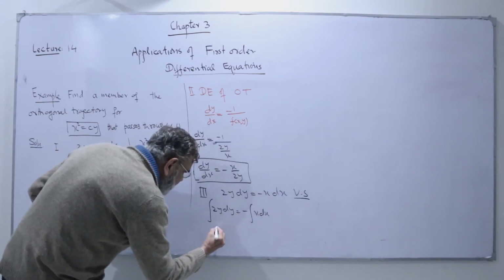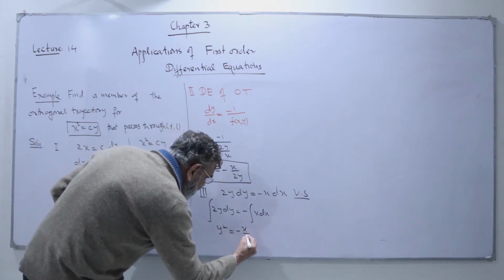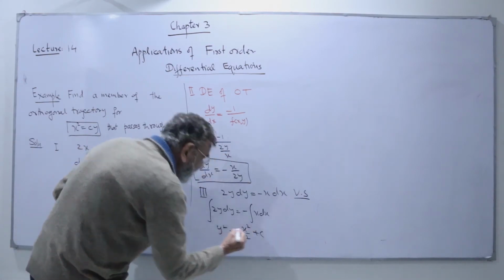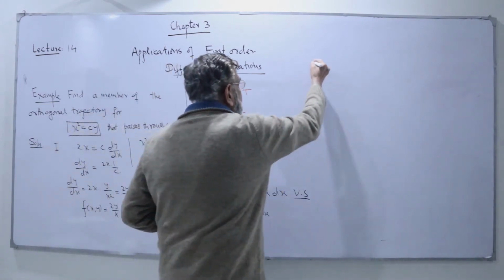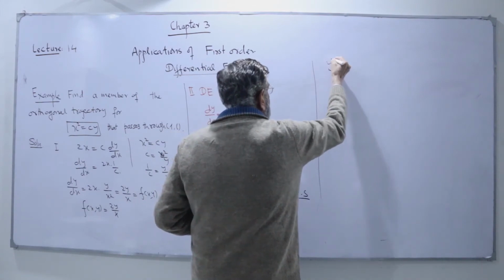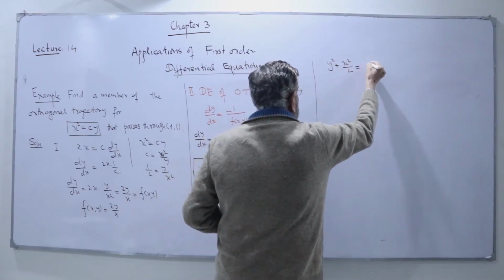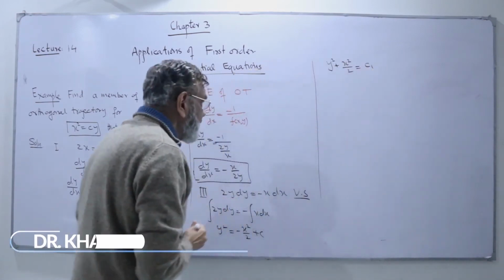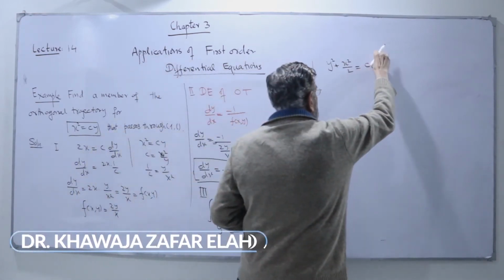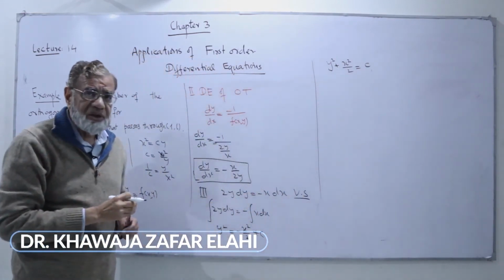So we get y squared is equal to minus x squared by 2 plus a constant. We can write my equation of the orthogonal trajectory as y squared plus x squared by 2 is equal to c1, where c1 is the constant I want to find. This is general: for each value of c1, we get an orthogonal trajectory.